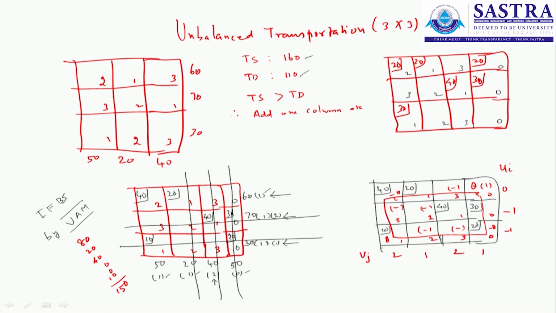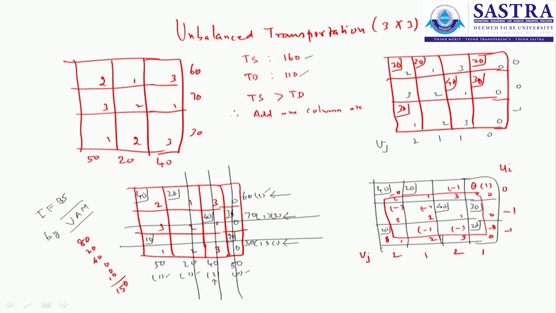Now, once again we have to go for Ui and Vj, where the original place of fixing 0 needs to be there itself, 0. Then for all basic cells in minus out: 0 minus 0 is 0, 1 minus 0 is 1, 2 minus 0 is 2, 1 minus 2 is minus 1. Then we have 0 minus 0 is 0, 1 minus 0 is 1, all Ui and Vj are fixed.